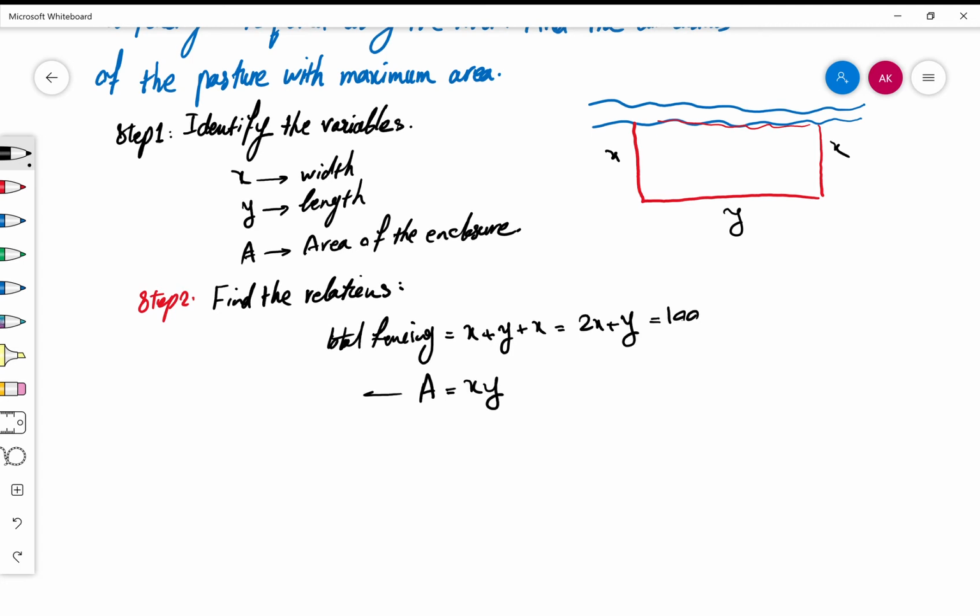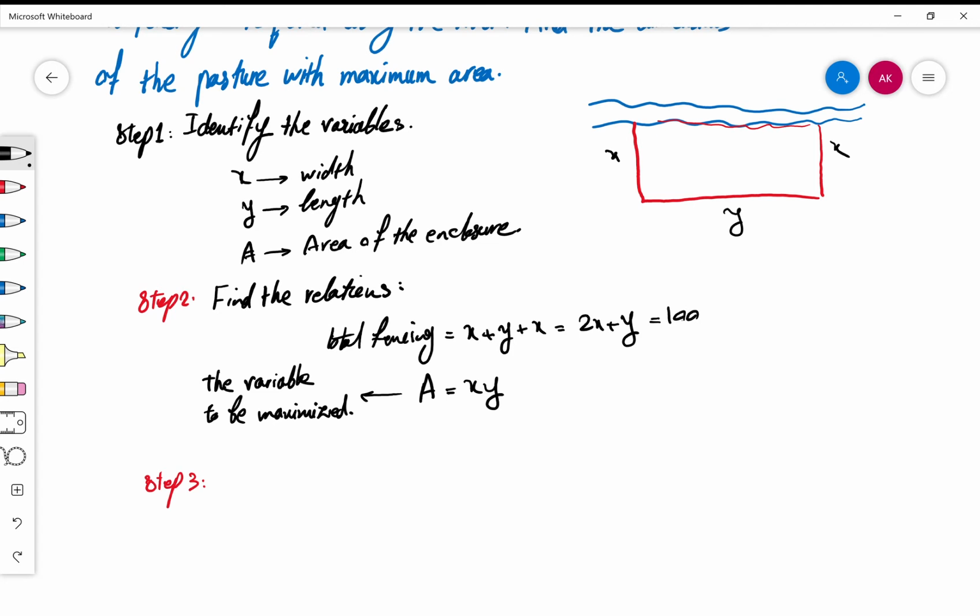Specifically, A is the variable to be maximized. So we need that specific. Okay, so we have now two equations. Then the next step, or third step, would be, well, make one equation for the variable to be maximized.